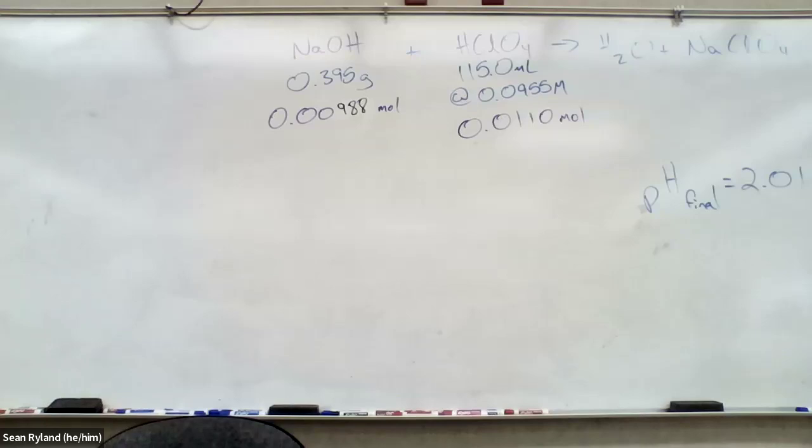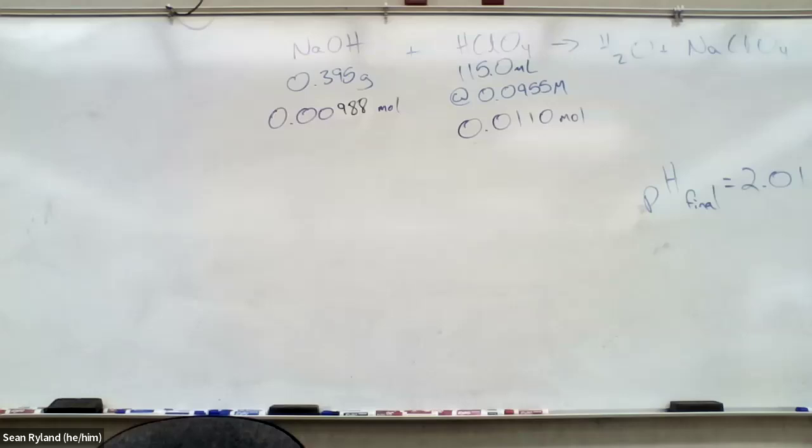So how would we find it if it were the OH? The OH is what you have more of. If your OH is what you have left over, excess, then you would do the same thing, except you look at that and find the negative log of your molarity.